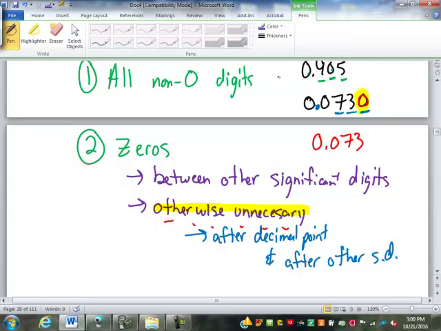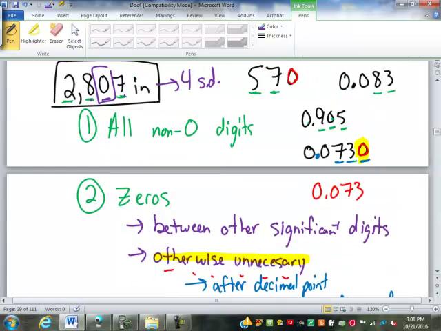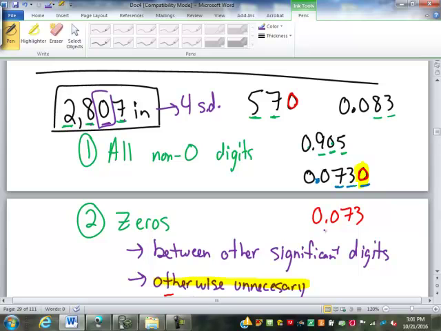The third way that a 0 can be significant, we've already seen this, is if it's indicated. How do we indicate it? Well, the only place that it could even be done here, these zeros at the beginning of the number, that one, this one, these two, those zeros are never, ever significant. Zeros at the beginning of the number without any significant digits before them, never significant.